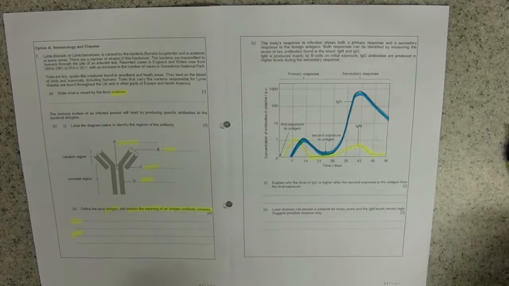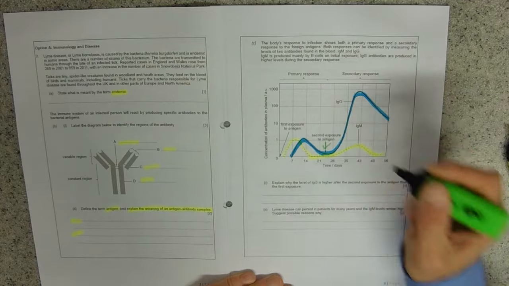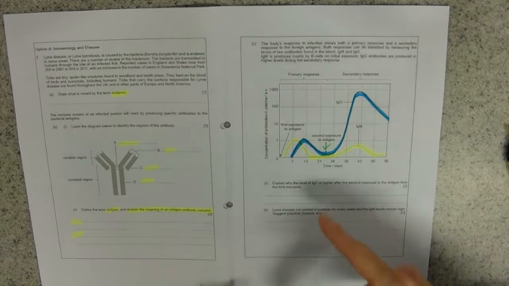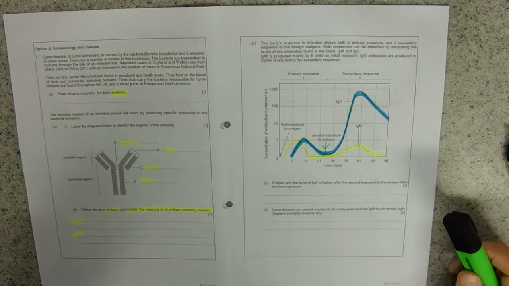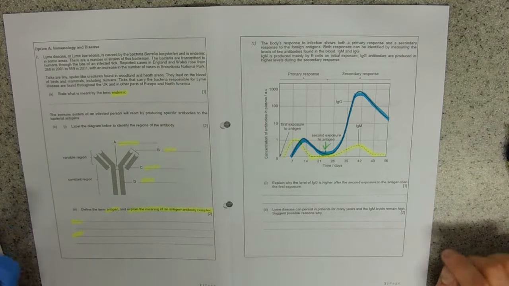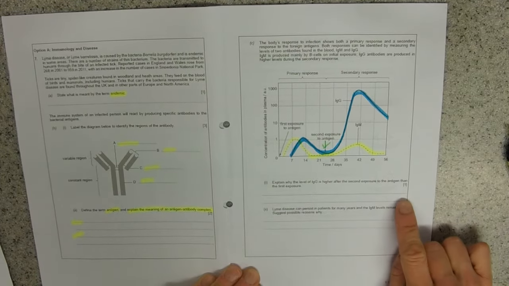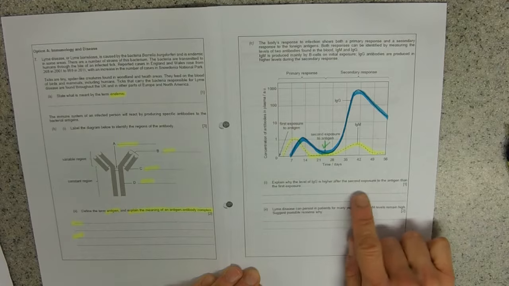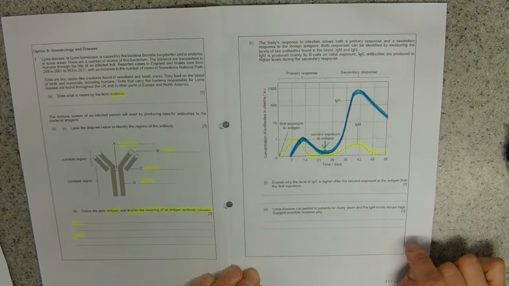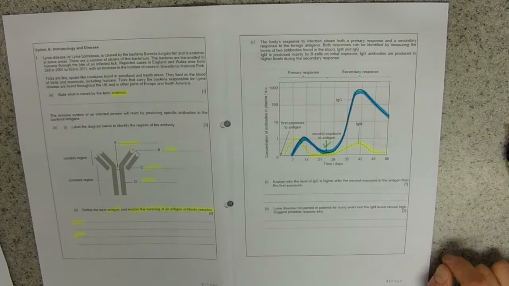And the second exposure to the antigen isn't actually until sort of day 23, 24, that's that sort of time. And then C1, that's a straightforward explanation as to what happens after the second exposure. You're thinking about the type of cells that will be there after the first exposure.